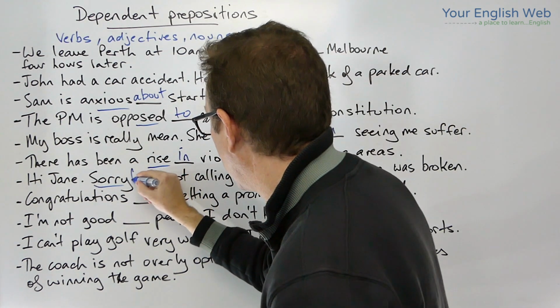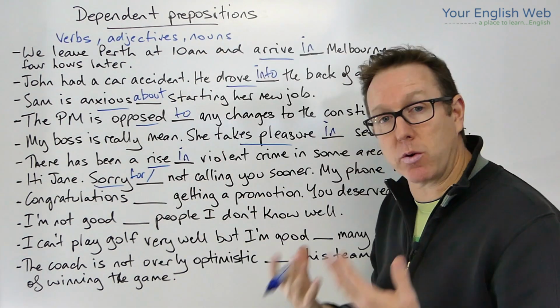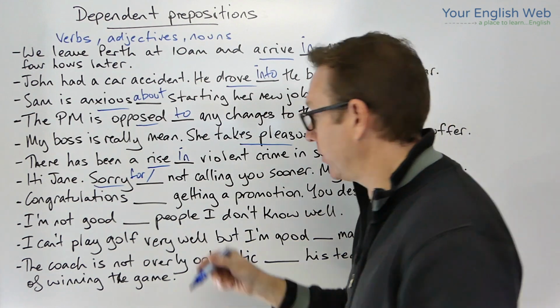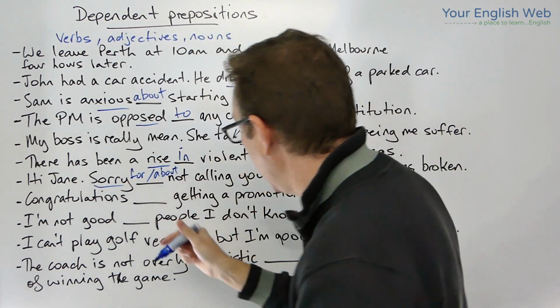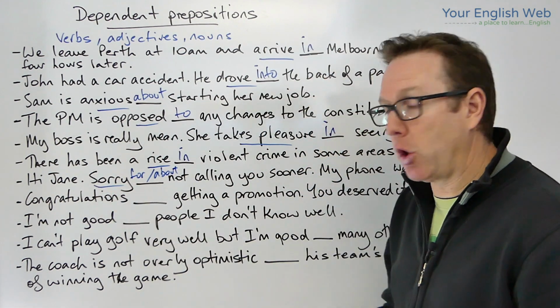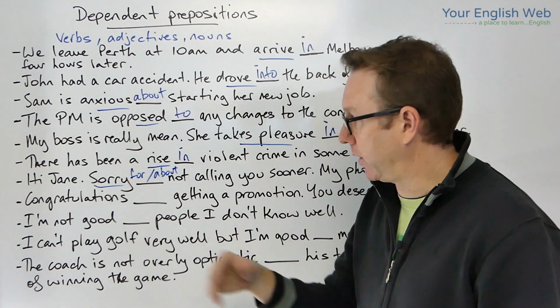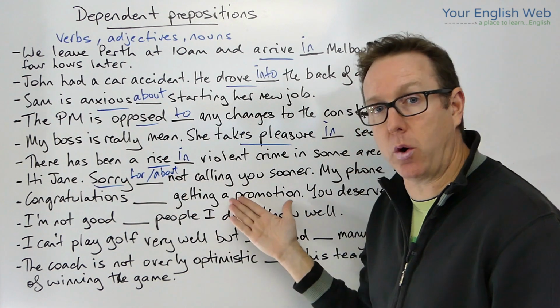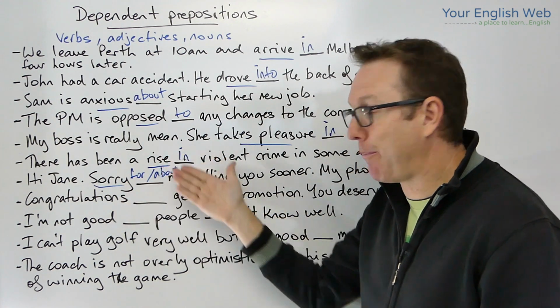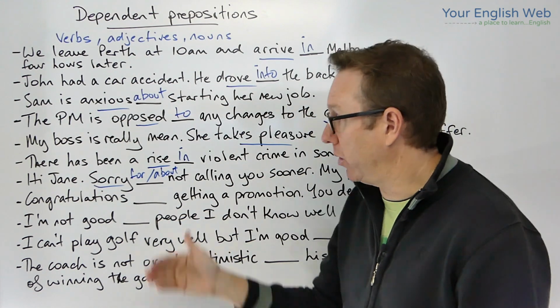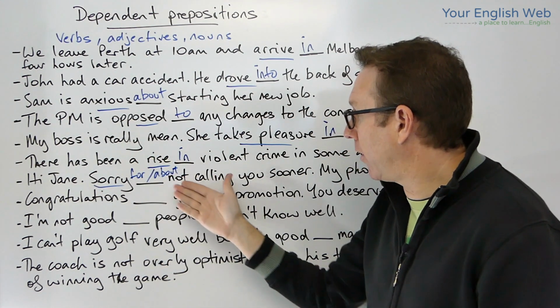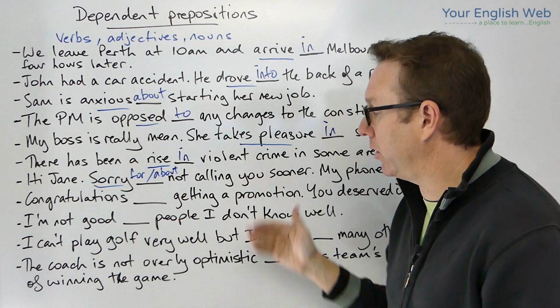Okay. But we could also say sorry about. So here with sorry, we could use the two prepositions: sorry for not calling you, or sorry about not calling you. Virtually no difference between the two.